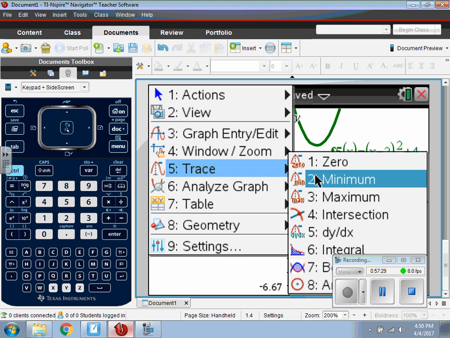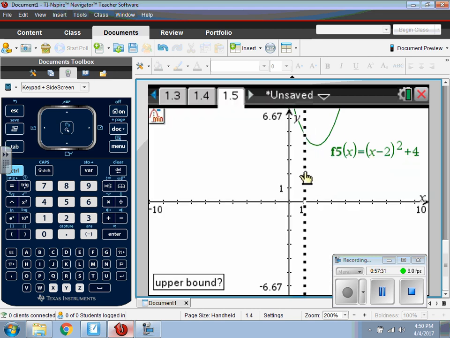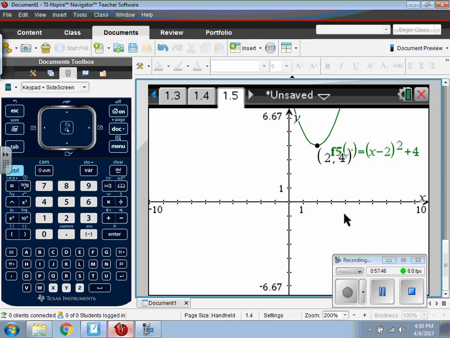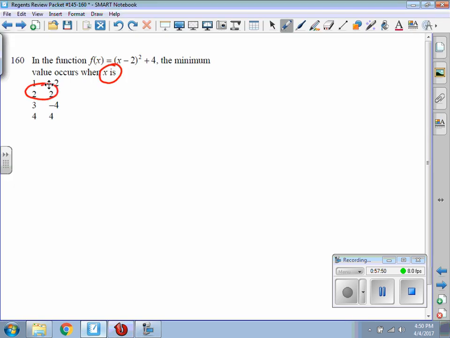Analyze graph, minimum. It's that lowest point. The minimum happens at 2, 4. So should I circle 2 or should I circle 4? Well, the question says when x is. So from our point, x is 2. So I would circle 2. And that is it.